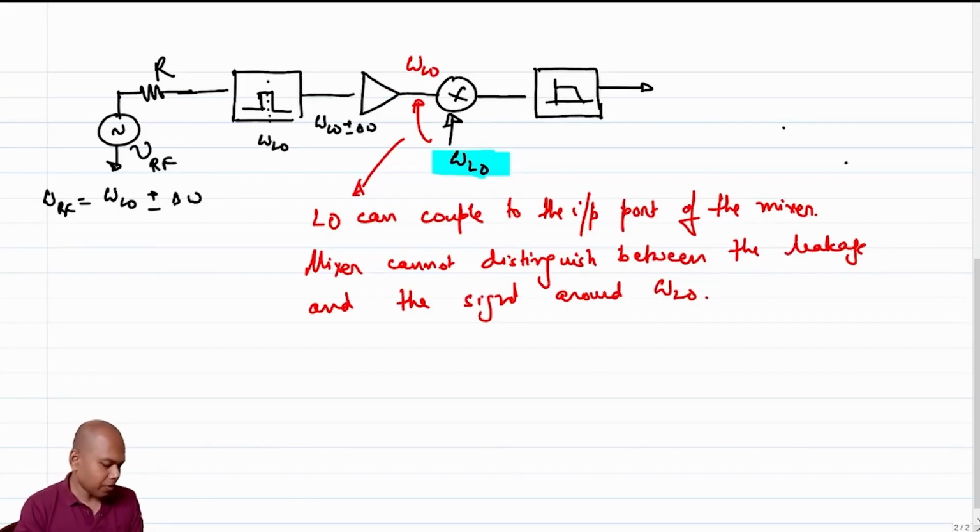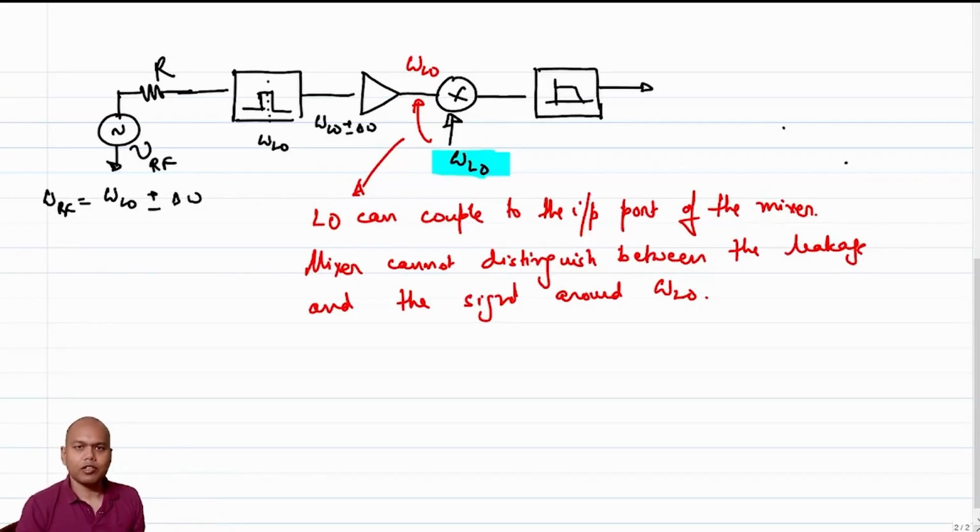So if this is a problem, then what is the solution? The solution is to recognize the fact that this entire issue is happening because the leakage through omega LO is exactly the same as the input frequency. The leakage frequency that is going to the input port of the mixer is exactly the same as the input frequency, right?